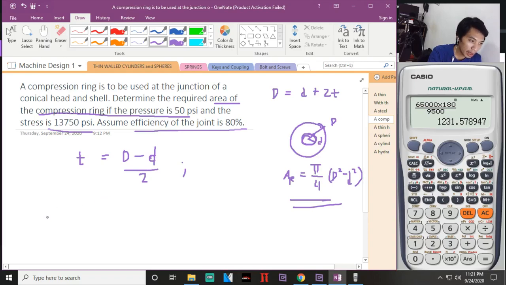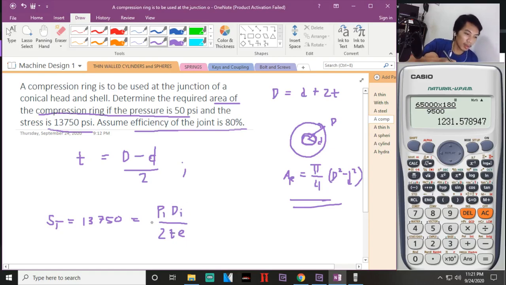Pero binigyan tayo ng ST. That is 13,750 psi. Equal yan sa maximum to. Okay? PD over 2T E. Okay? May T tayo, may D tayo. Internal diameter to. Okay? So, maliit to. Maliit na d. Okay?